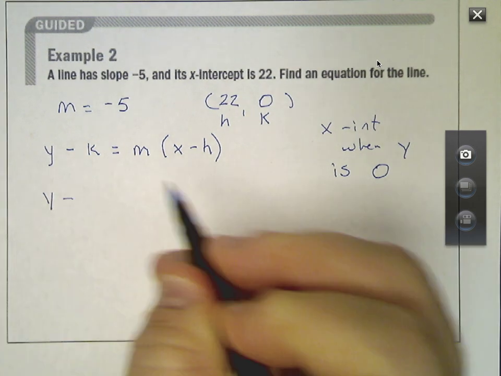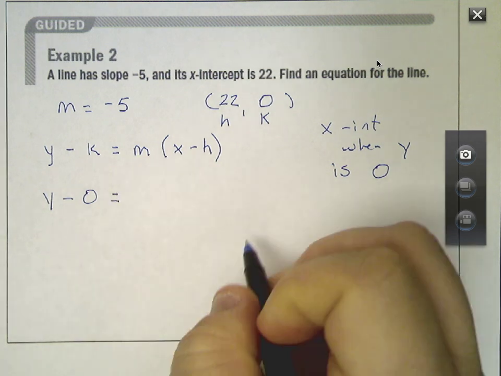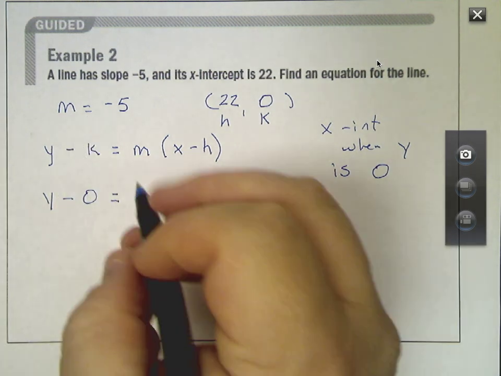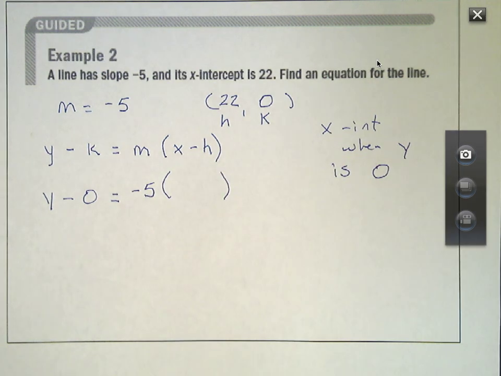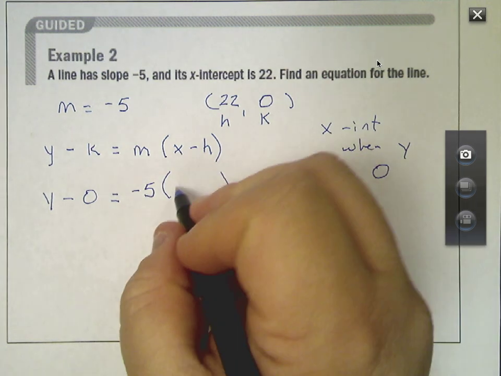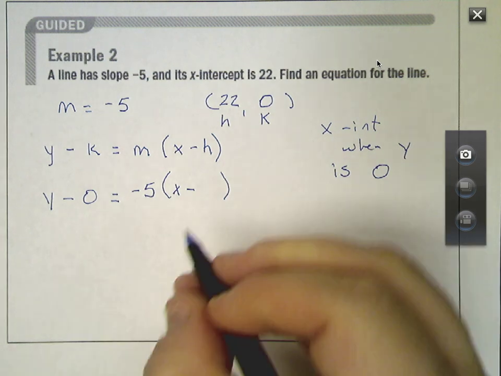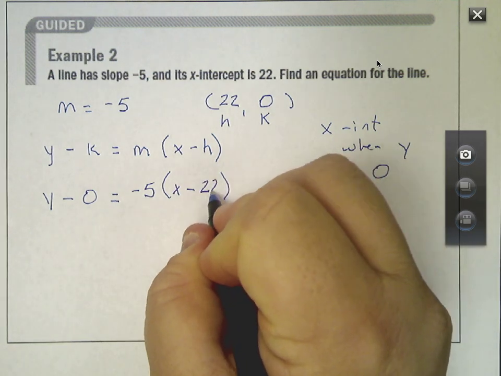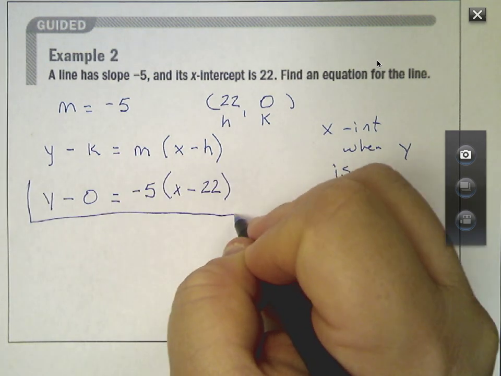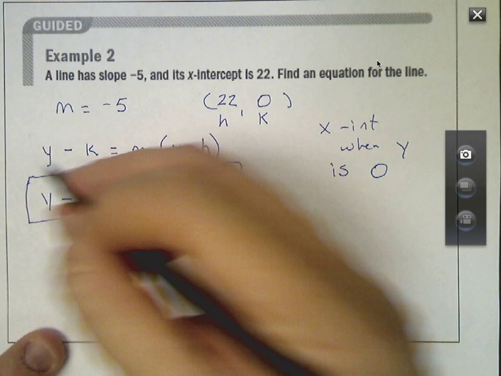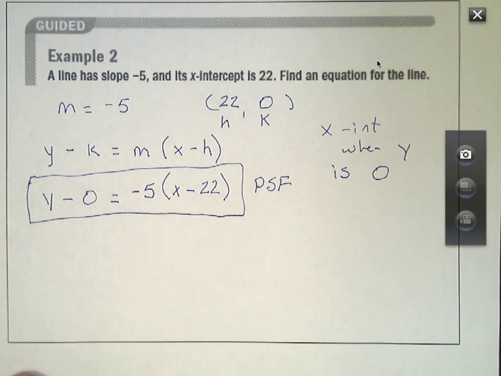So, y minus k. What's k? K is 0. Equals slope. What's slope? -5. Times the quantity x minus h. What is h? H is 22. This is your formula in point-slope form.